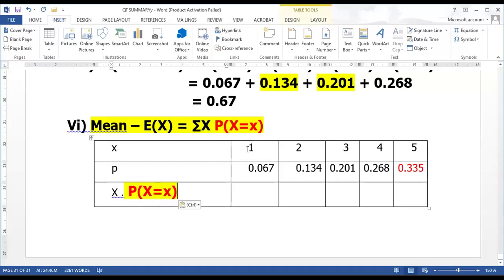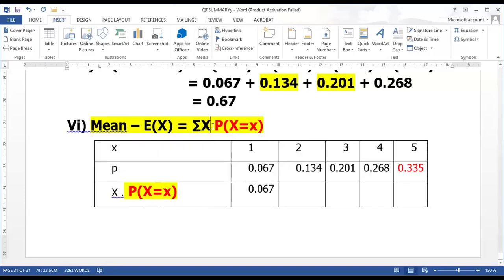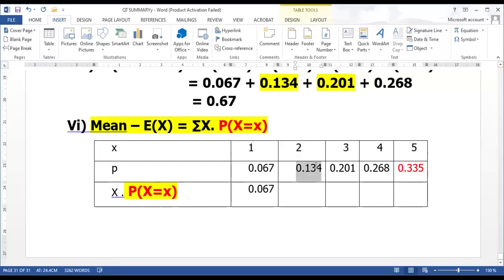So you're getting this times the probability. 1 times the probability, for this one you get 0.67. Then 2 times this one, you're getting x times the probability based on our formula, and you get 0.268. Then 3 times this, 0.603.